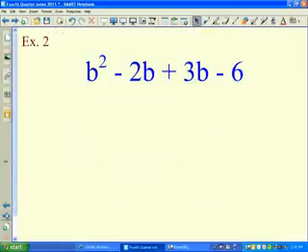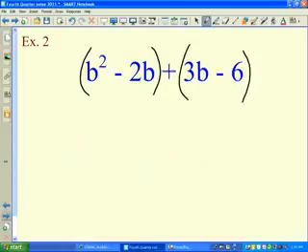b squared minus 2b plus 3b minus 6. Step 1, I need to put parentheses around my two terms. Then I need to find the greatest common factor for each of those parentheses. So let's start on the extreme left.